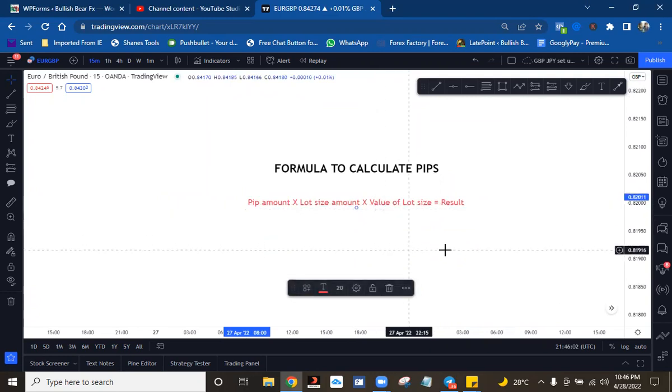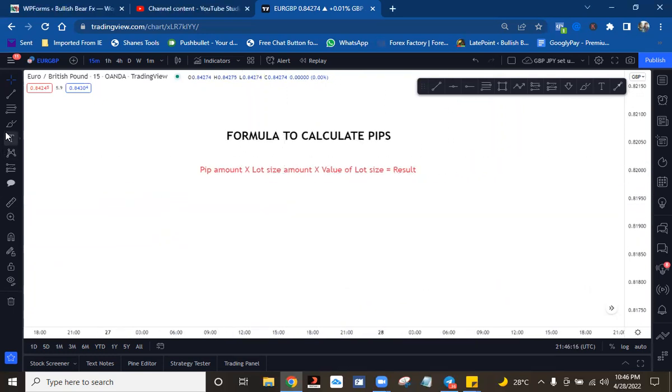Pip amount times lot size amount times value of lot size. That is the simple formula. Now, let's get to work.